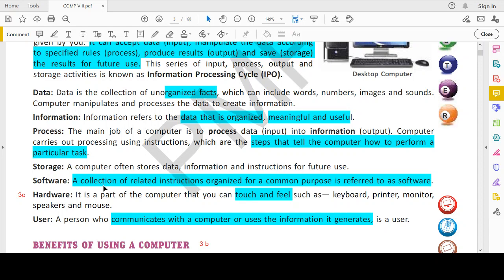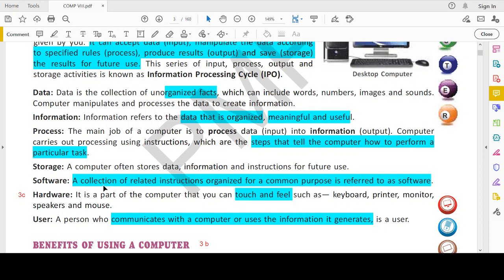You are using a light pen, you are using a mouse, these are all hardware. So you are giving input to the softwares through some hardware, and you are getting the output, the result of calculation, on a hardware, that is the monitor or a printer.